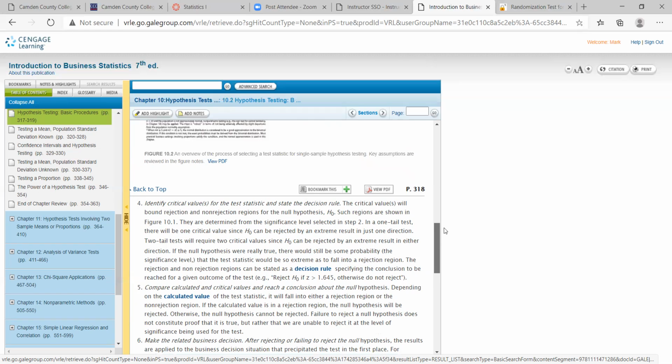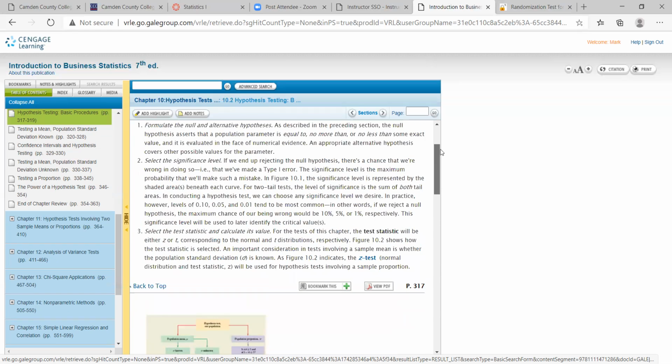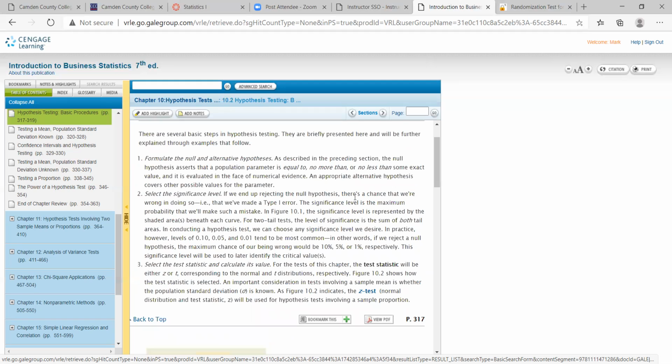Now, one of the steps I did not mention is that for any of this to work, if we were using simulation through StatKey, what I'm about to tell you wouldn't be necessary. But to use the Z or T statistics, we have to establish normality of the sampling distribution.